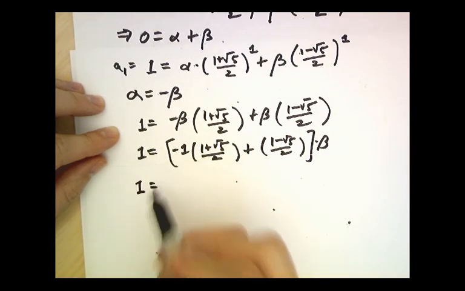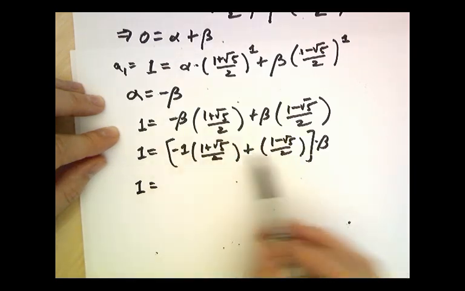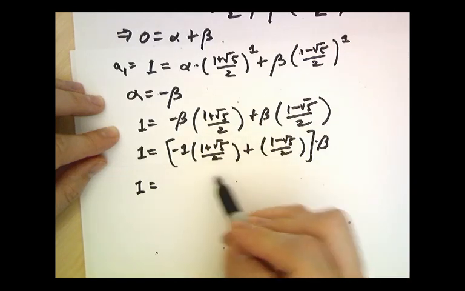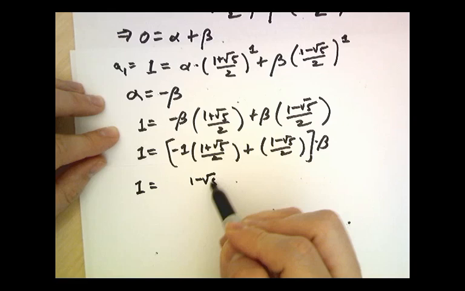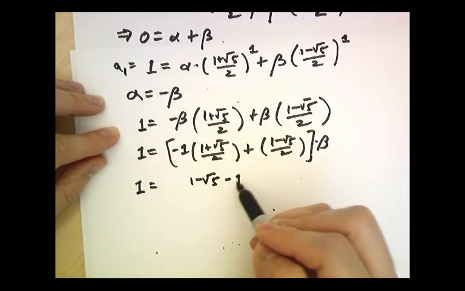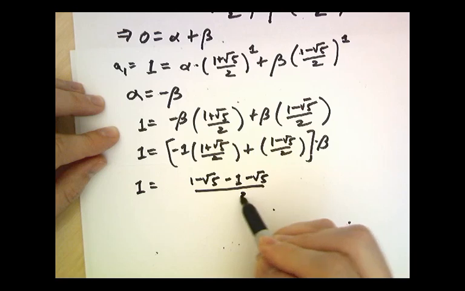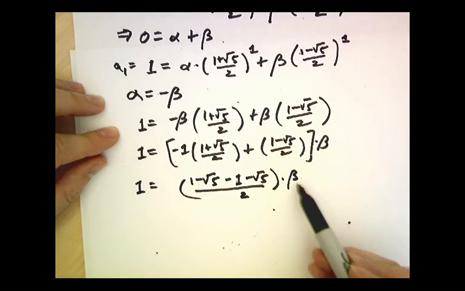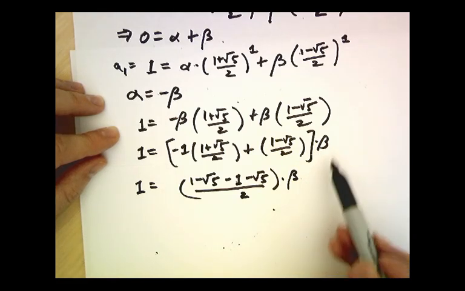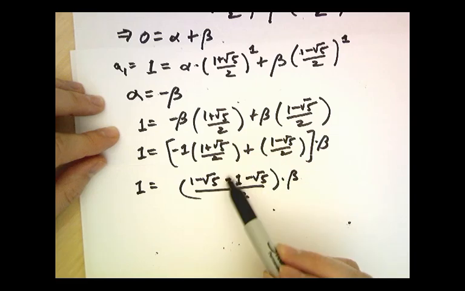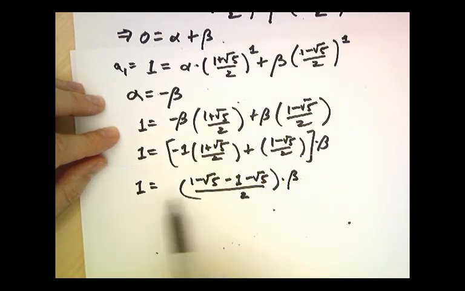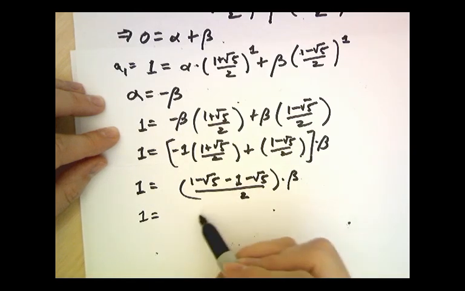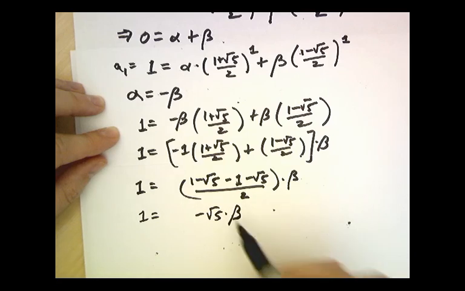So if you simplify what's inside this particular expression, you'll get 1 minus root 5 minus 1 minus root 5, all over 2, times beta. If this step bothers you, just pause the video and write it out. It's just simplifying these two arithmetic expressions. And so then we get 1 equals minus root 5 times beta.